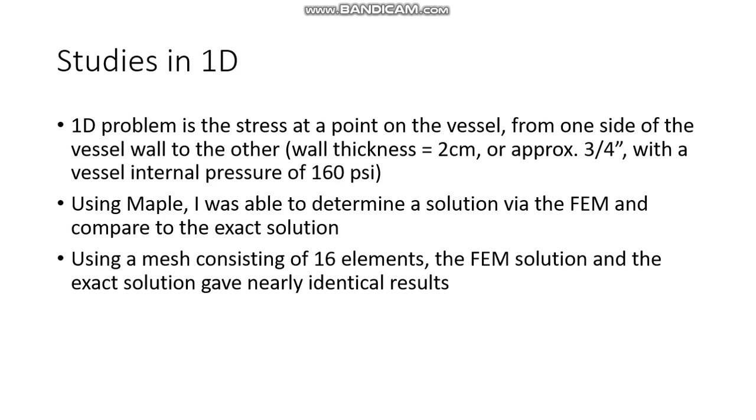So using Maple, I was able to determine a solution via the finite element method and compare the results of that to the exact solution. For my finite element method, I used a mesh consisting of 16 elements. So a pretty normal size mesh, and the finite element solution and the exact solution gave nearly identical results, which you'll be able to see on the next page.